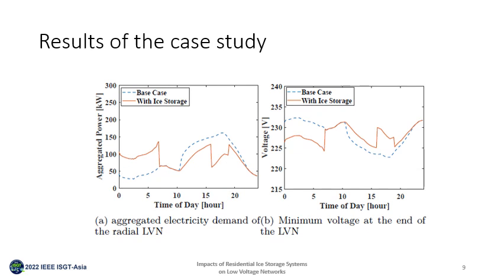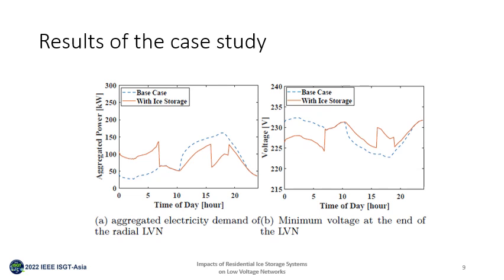I will not go through the case study itself because of the time, but it is well documented in the paper. Essentially, we randomly allocate the size of the ice storage system to the houses, and the houses have different sizes and different thermal properties.